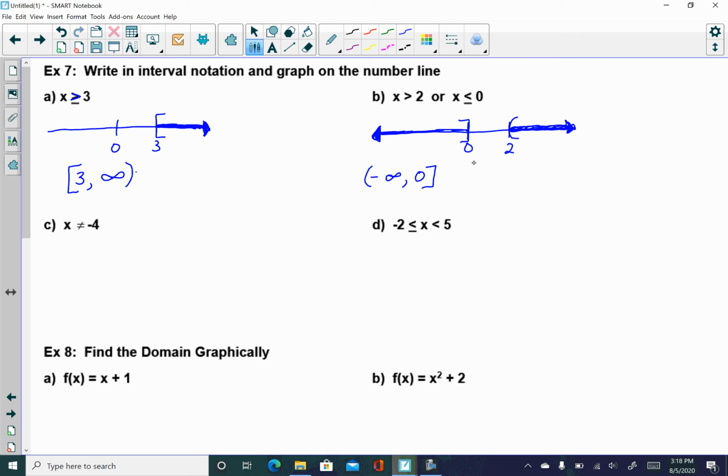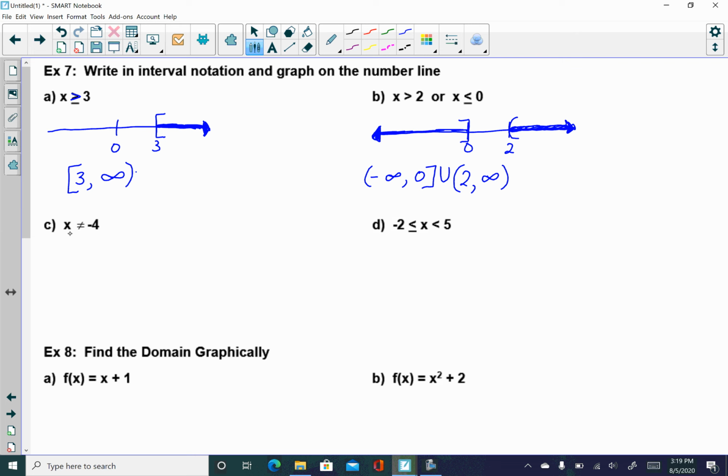And then it picks back up at 2 and goes to infinity. 2 was just greater than, so it's getting a parenthesis, and infinity always gets a parenthesis. And then we use the symbol for union here, because what we're doing is we're uniting these two pieces together. So you would need to put that in your homework whenever you're doing those online. And that would be your final answer, interval notation.